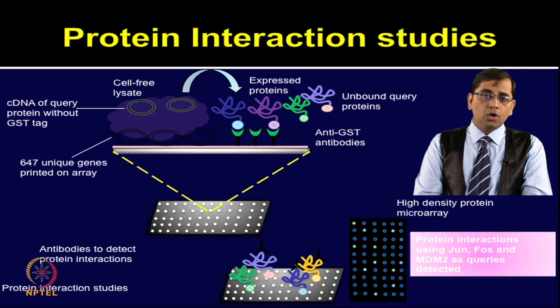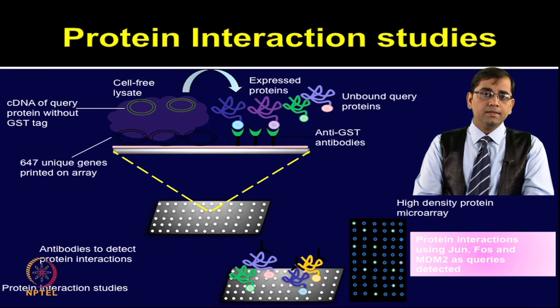In this study, authors used the high density NAPA approach to study the binary interactions between several well characterized interacting protein pairs, such as Jun and Phos, P53 and MDM2. Now, selective binding to these interactions was identified by using specific antibodies.